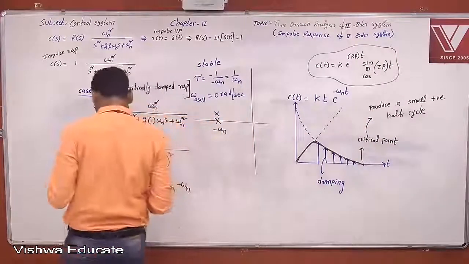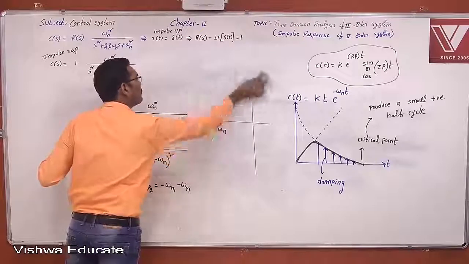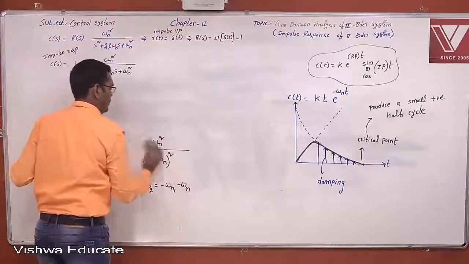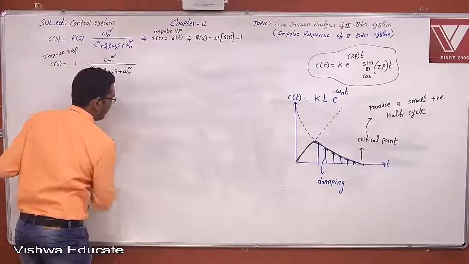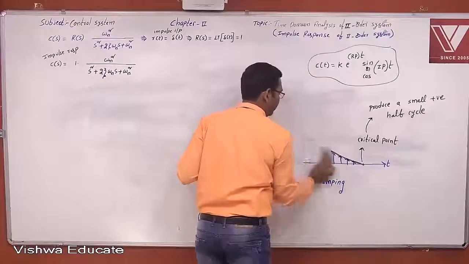Now this is case 2. So we can consider damping factor delta equal to 1 because the system is stable. But we don't consider damping factor zeta equal to 0 because the system is marginally stable.